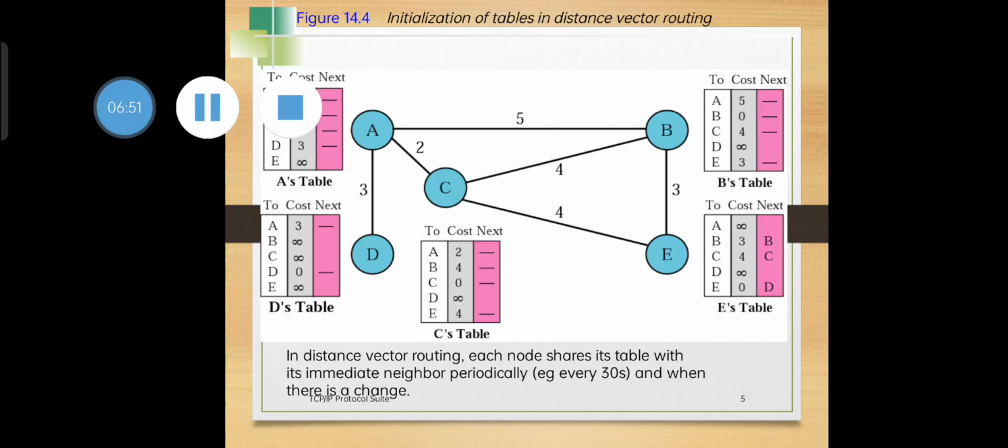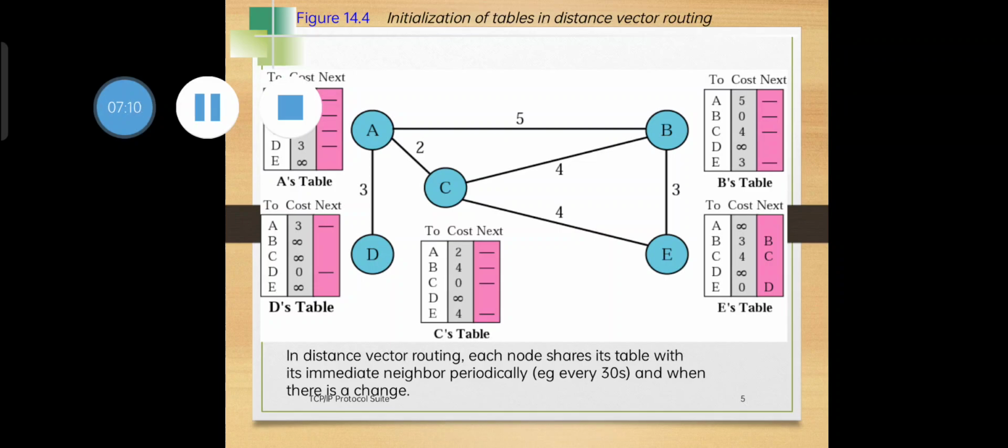For example, every 30 seconds each node passes its own table to the neighbors. Apart from that, if there is any problem or path change in the network link, it will pass it at that time also.